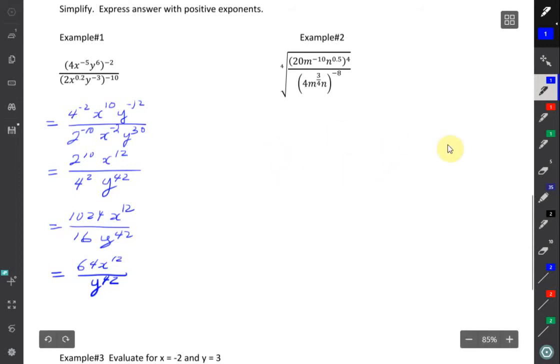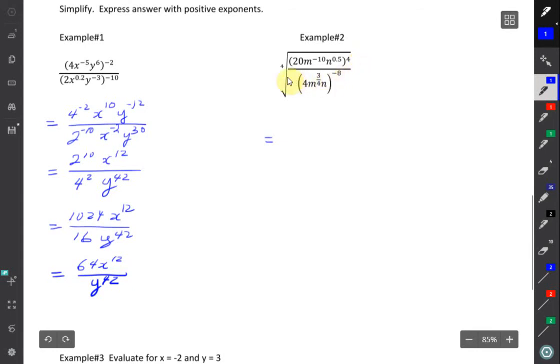Now, in our steps above, it talked about changing the radicals to exponential form. In this case, we didn't need to do that, but now we have an example where we do need to change this to exponential form. Something to get used to is that when you have a root like this, like a fourth root over top of something, we can think of all of this underneath the root sign as having an understood 1 out here.